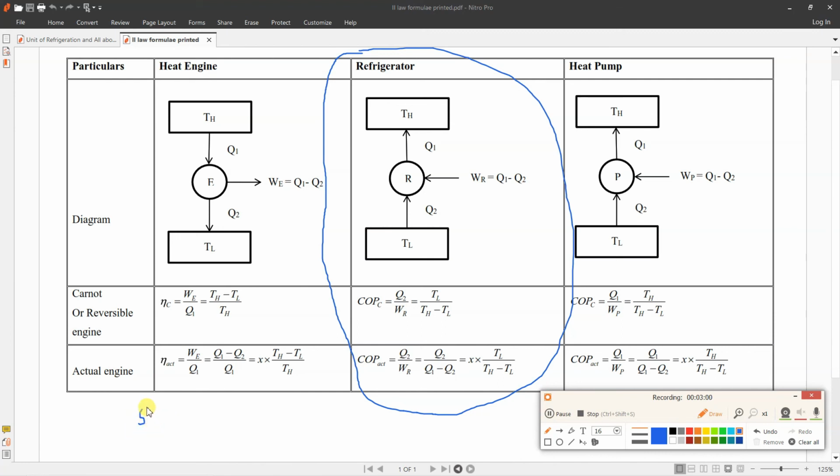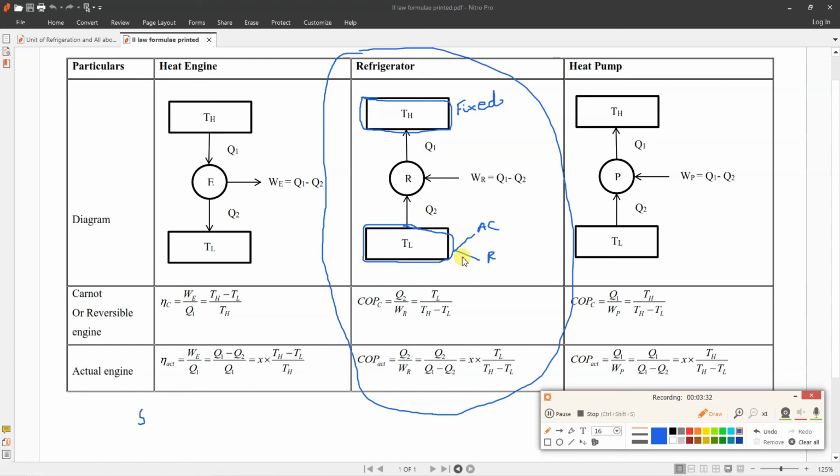Summer season means this T high value is fixed. Now in summer season, suppose we are changing the application. Suppose there are two applications: one is air conditioner and the second one is refrigerator.